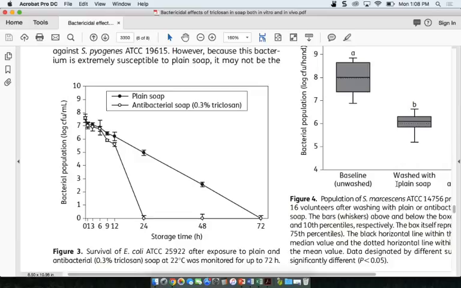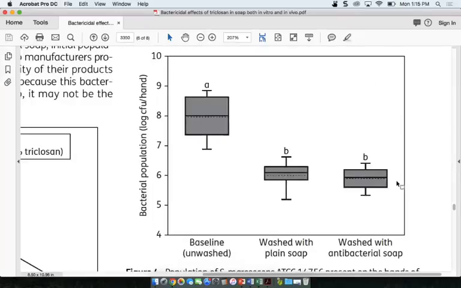Isn't it how long it takes for the reaction of the bacteria to the soap? Yeah, more generally, just how long does it take the bacteria to die in the presence of the soap or the soap with triclosan? So here's time on the x-axis, y-axis again is a measurement of population. Again, this is just like what's being done in 1 and 2, nothing else added to it.